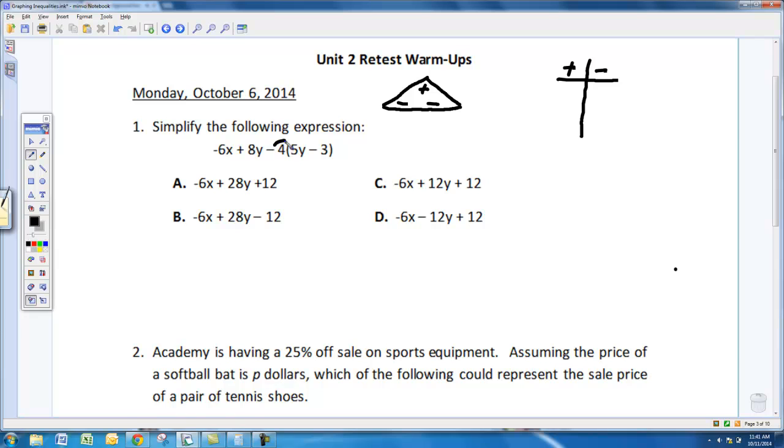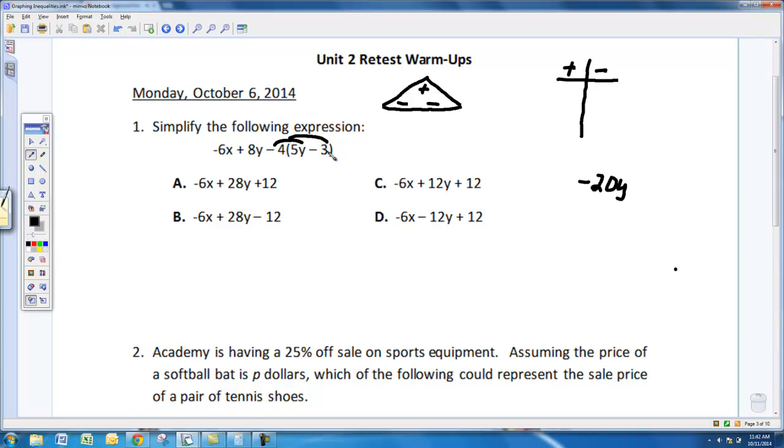So the first thing we want to do is distribute the negative 4. That means we're multiplying negative 4 times 5y. Negative 4 times 5y is negative 20y. A negative times a positive is a negative.